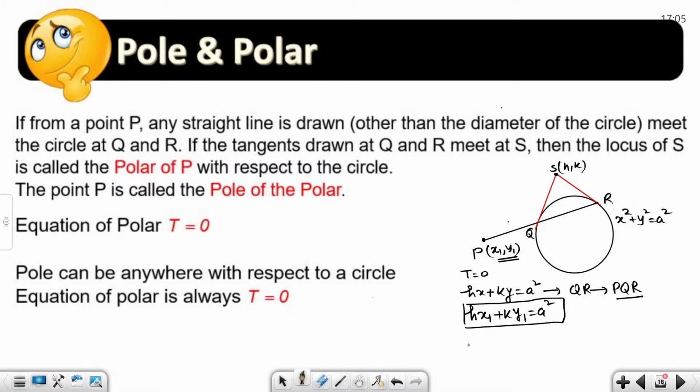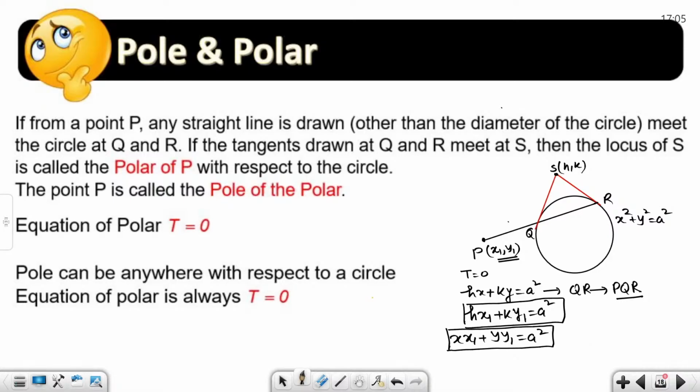Hence, this is the equation of the locus. Therefore, the equation of the locus of S is xx1 plus yy1 equals a square. Am I correct or not? This is the equation of the point S, right?